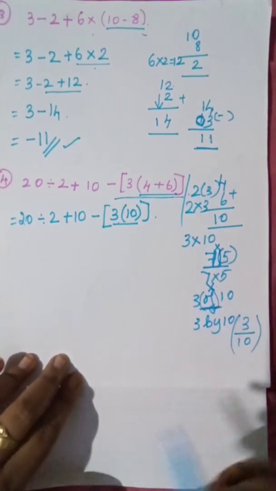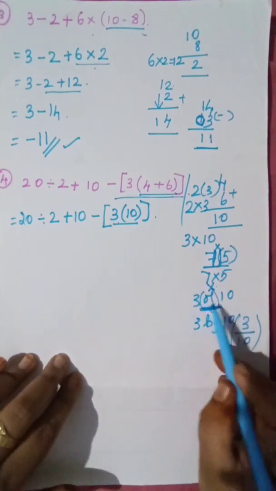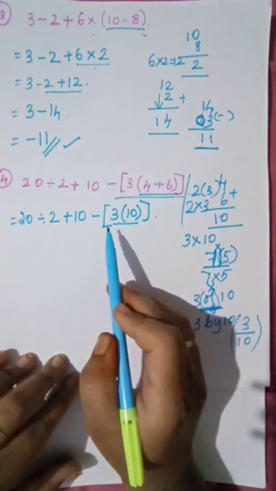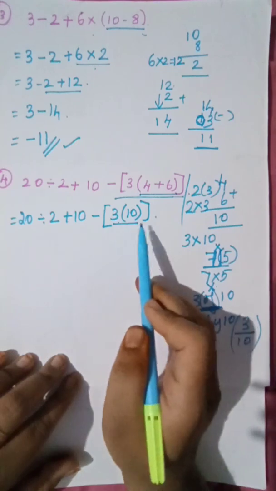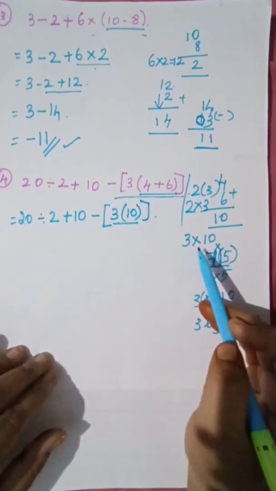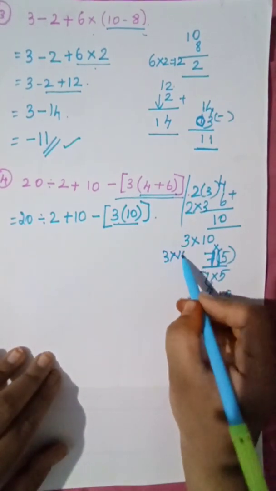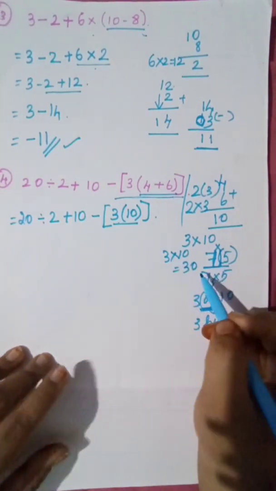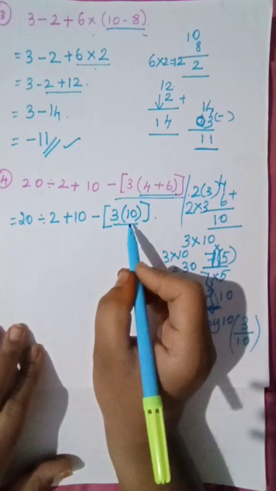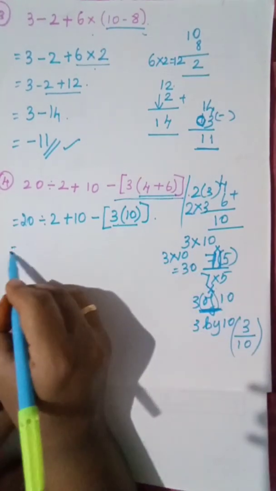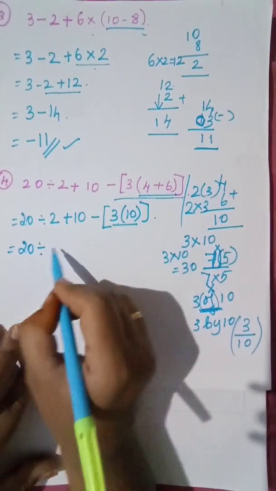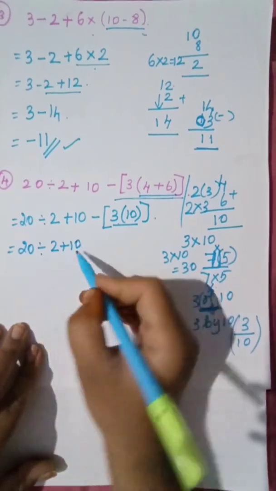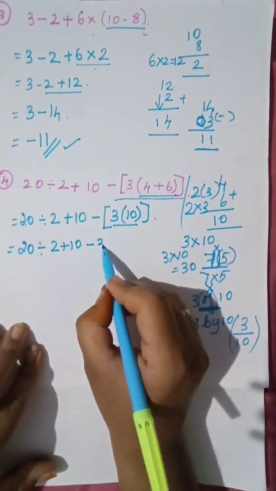Of means multiplication. Clear? So you have to spell it as 3 of 10, and you have to write it as 3 into 10. So 3 into 10 means what? 30. Clear? So for 3 of 10 what we have to write? 30. So equal to 20 divided by 2 plus 10 minus 30.